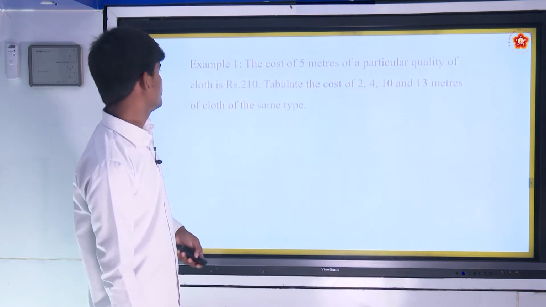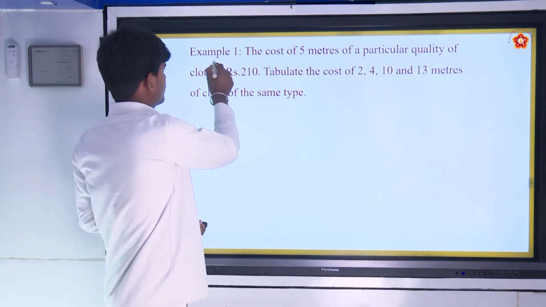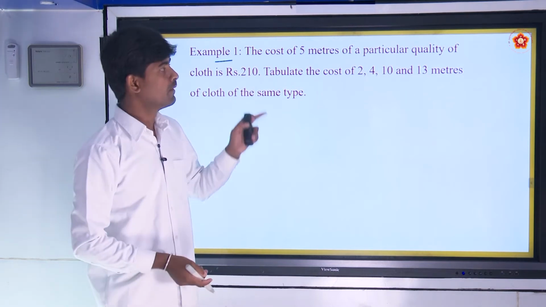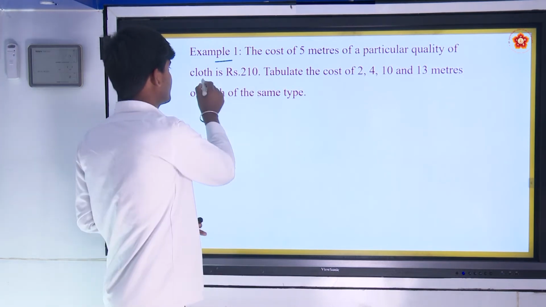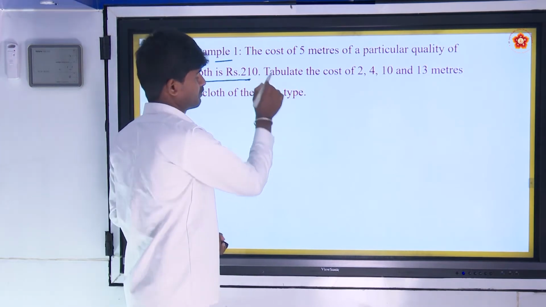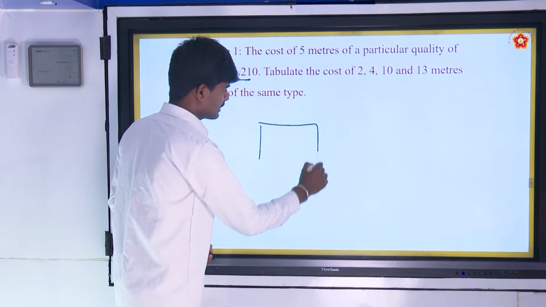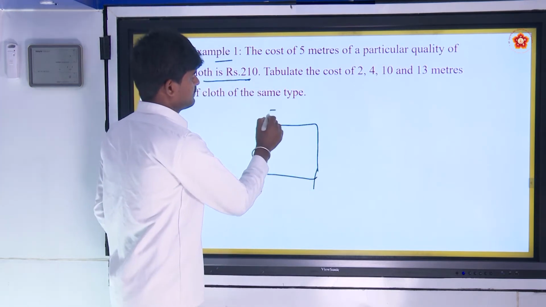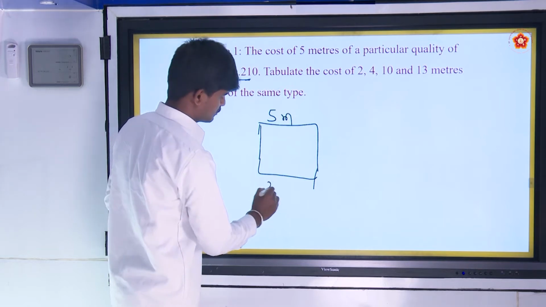Now look at the example. Problem 1. The cost of 5 meters of a particular quality of cloth is rupees 210. For 5 meters of cloth they gave 210 rupees.